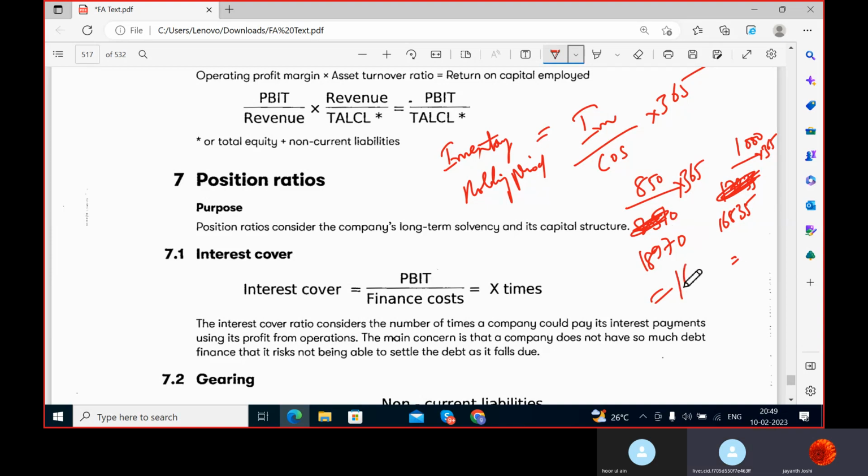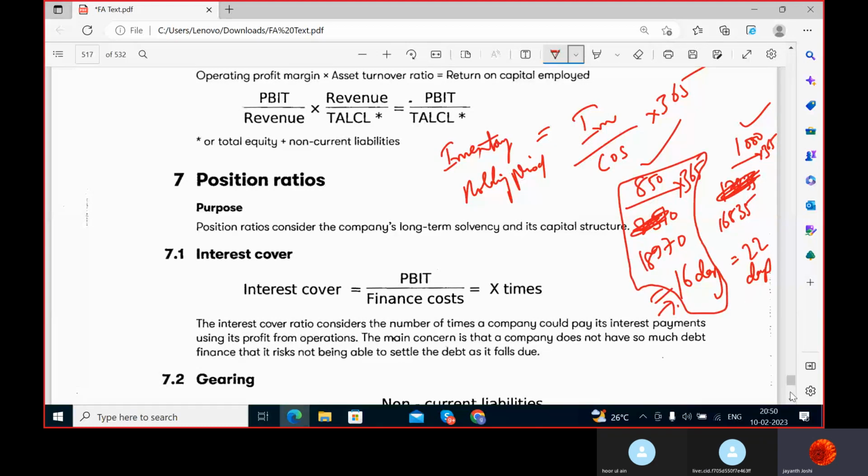This year. Yes, sir. So I'll write 16 and here I'll write 22. Correct? Days. So what do you think? In 2004, it was taking 22 days for you to convert your inventory into cash. This time 16 days. This is a better year, right? Yes, sir, it is. In this year, you're converting your inventory into cash in just 16 days.